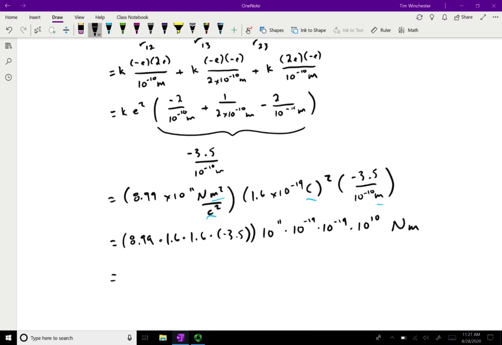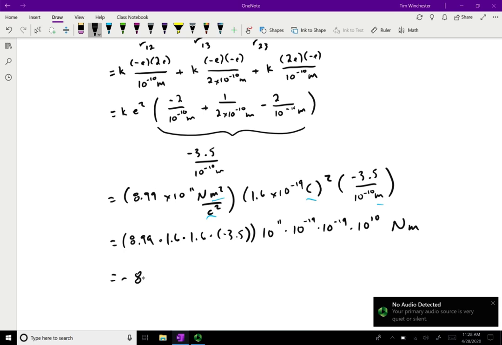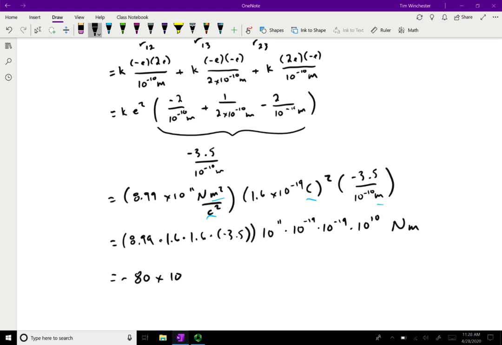Okay, so now I'm going to plug this into a calculator. So bear with me as I do this in real time. So my calculator has, okay, 8.99 times 1.6 times 1.6 times 3.5. Okay, so this gives me negative 80 for my prefactors. Okay, and then I do the times 10 to some power.